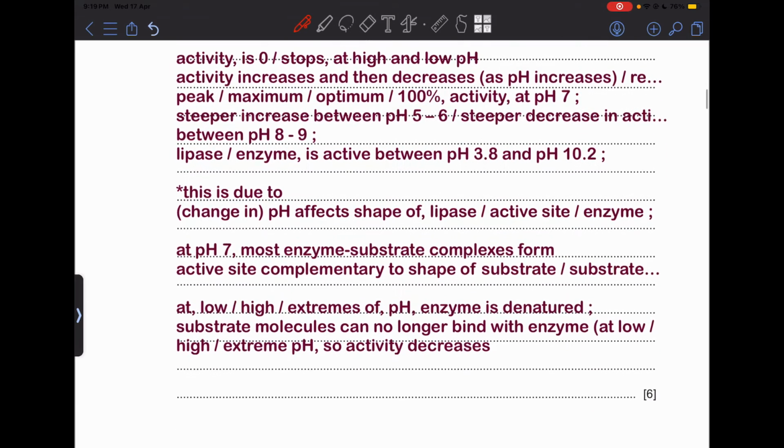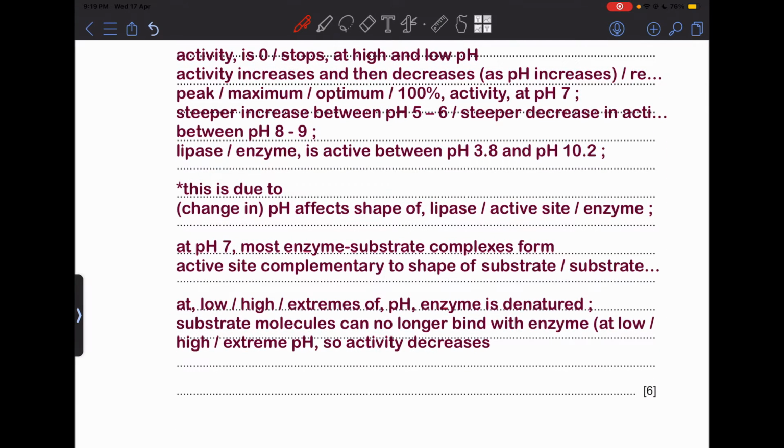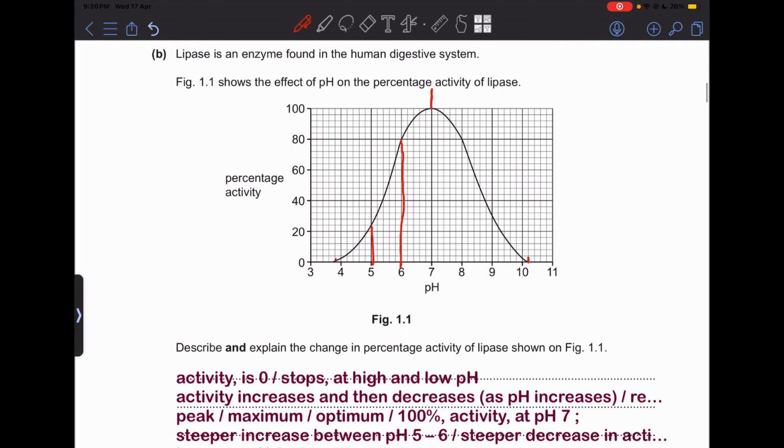Now, for the explanation of why all of this happens, you have to say a change in pH affects the shape of lipase. As I said, if you change the pH, there is going to be a change in the activity, so it does not stay the same at different pH. It will react differently to different values of pH.